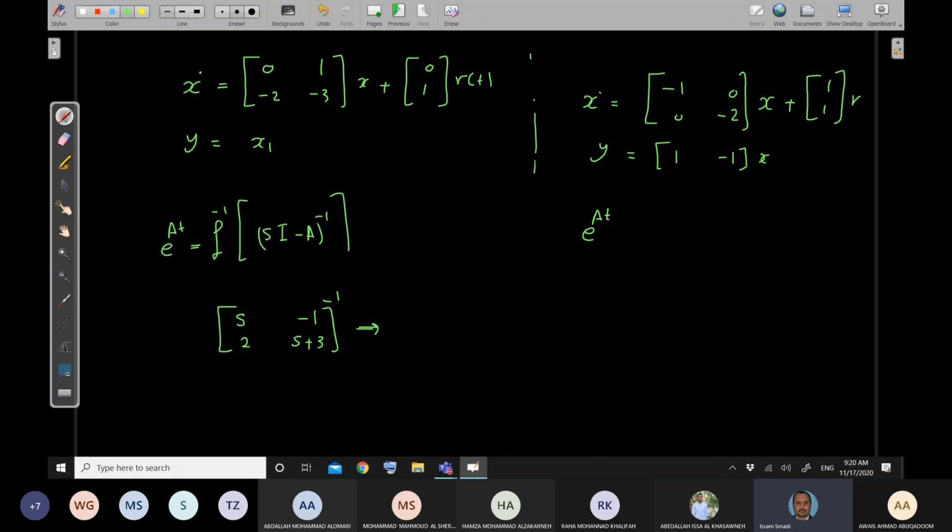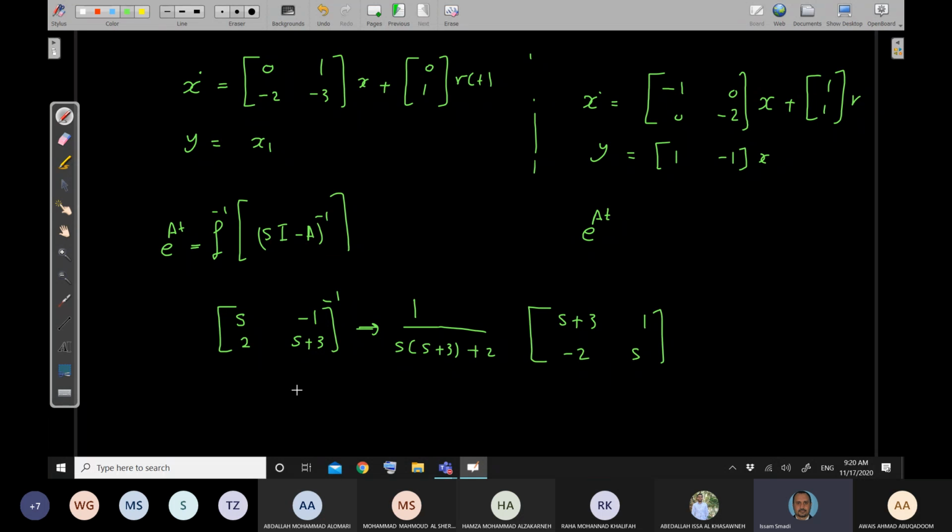If we do the math, this will equal 1 over the determinant, which I think is S plus 3 plus 2, then S plus 3.